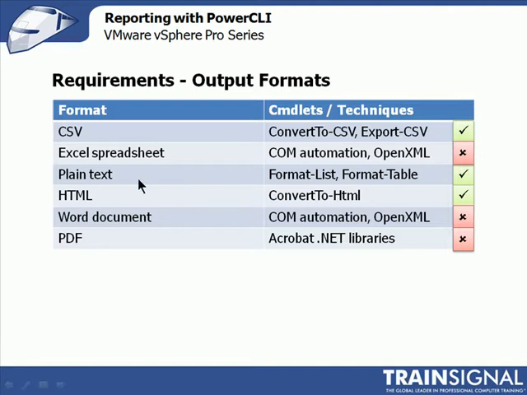Number 3, plain text. This is a really easy one, especially with a scripting language. Everything that you do, at least ostensibly, is text. You're working with text a lot. PowerShell makes it very easy to basically gather data and present it in a pleasing format in a plain text console. And sometimes this works great for reports, especially if it's something that you want to generate and send to an email.